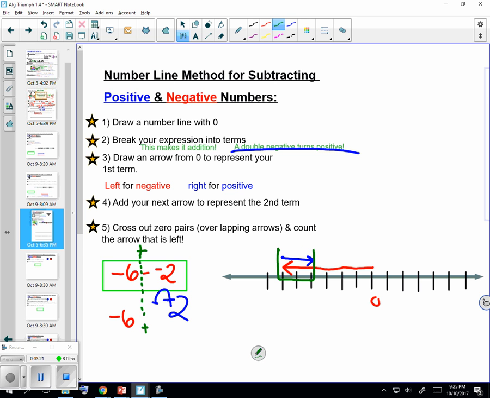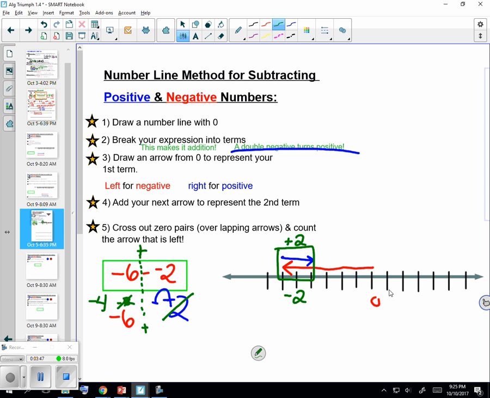What is the 0 pair here? Well, I have positive 2 canceling with his additive inverse. His additive inverse is negative 2. How much is left? Well, if I take this guy and I take out 2 from my negatives, I still have 4 negatives left.